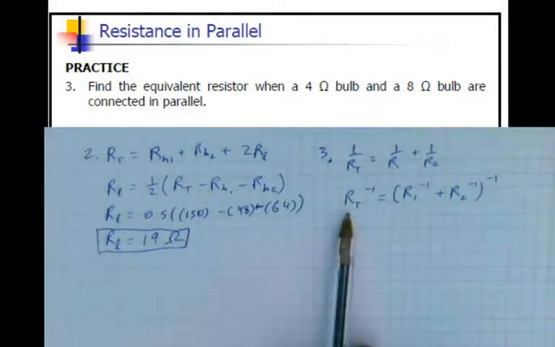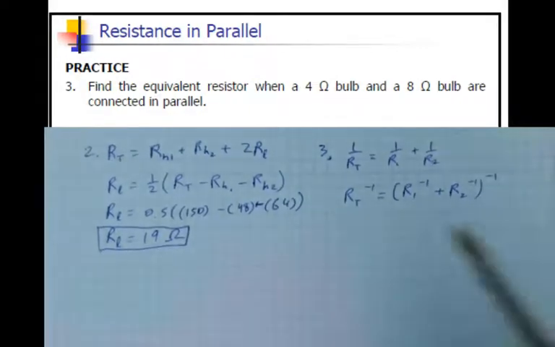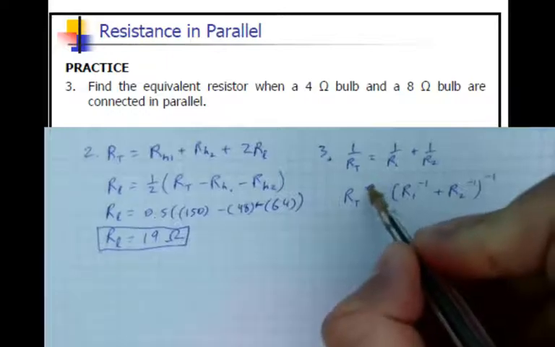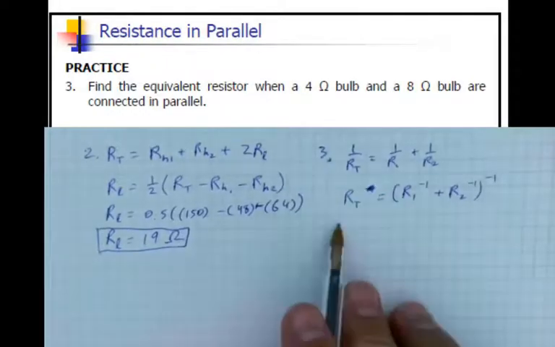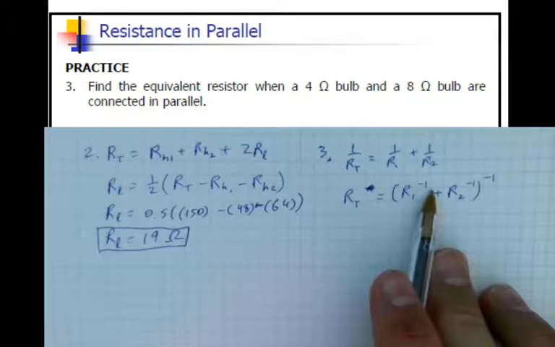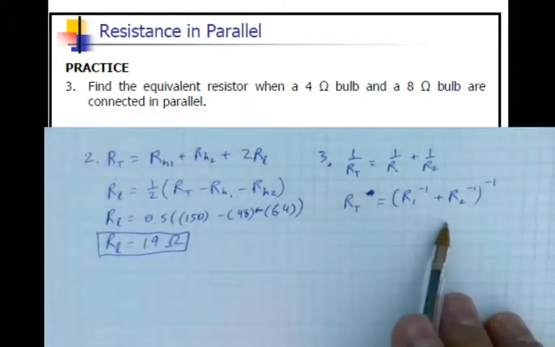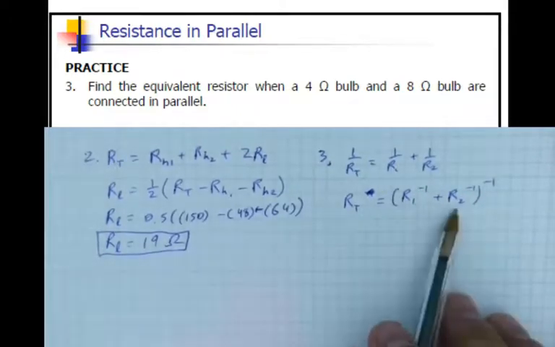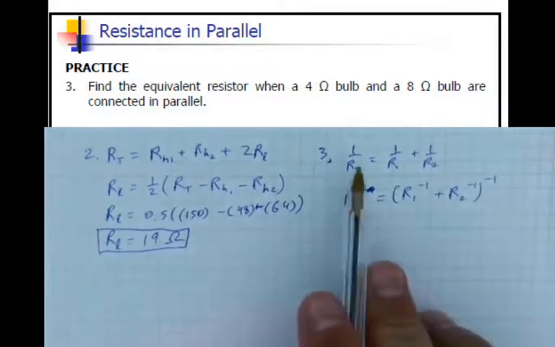Sorry, I should get rid of that. RT is equal to the reciprocal of R1 plus the reciprocal of R2, and reciprocating that sum. That's essentially what we're doing here.